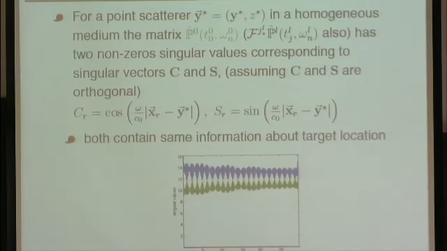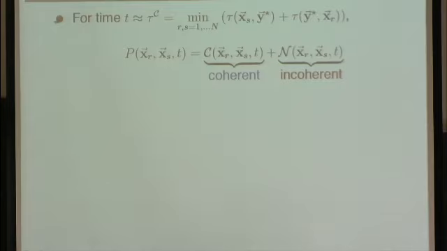Here, because we use the cosine transform, we get two singular values, and the corresponding singular vectors are like that. Here I simplified: if these are orthogonal, then this is true. So we get the cosine and the sine, and both of them contain the information that we need in order to locate the object. Now, what will happen in the layered medium?